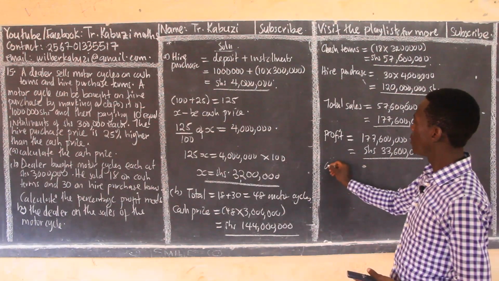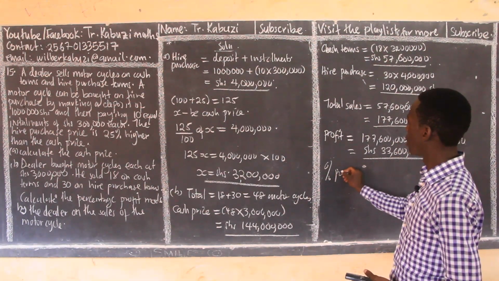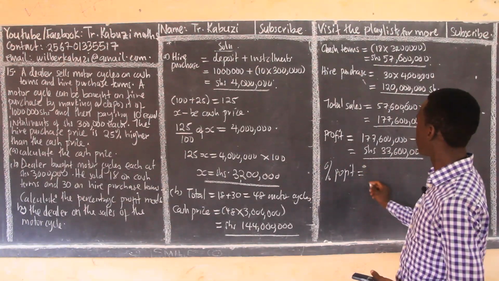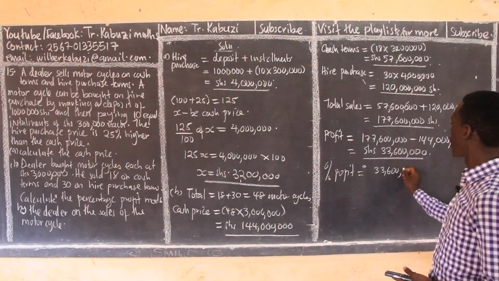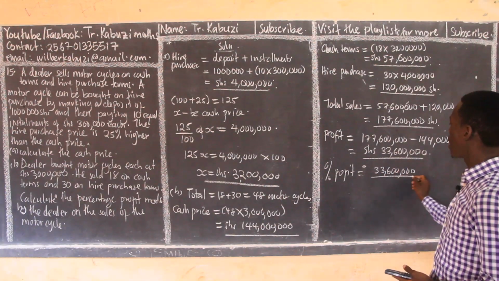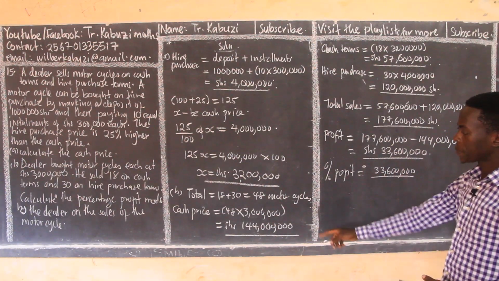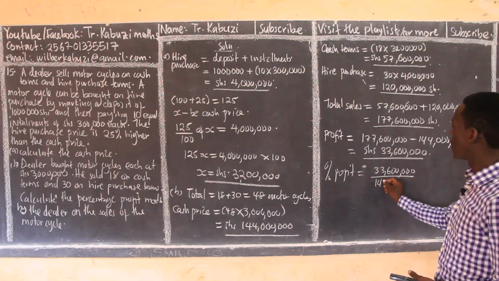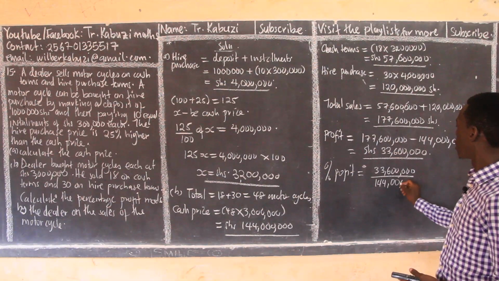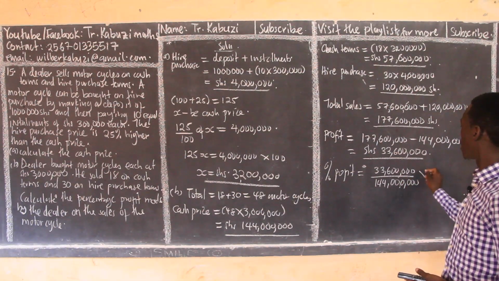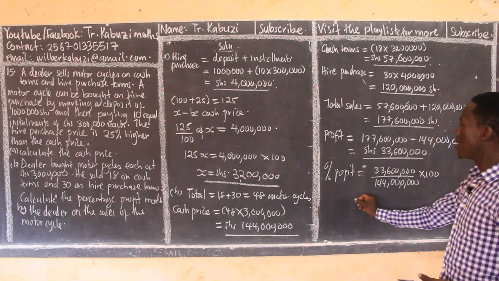Now for our percentage profit, we shall get the profit over the cost price, which is 144, then times 100.